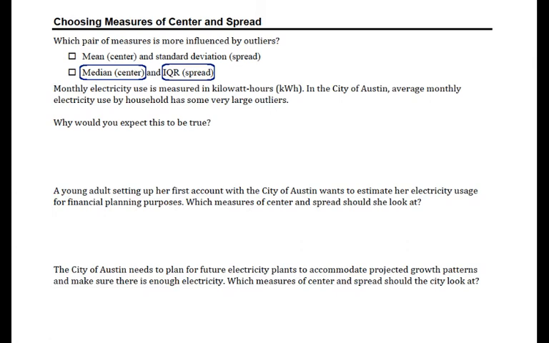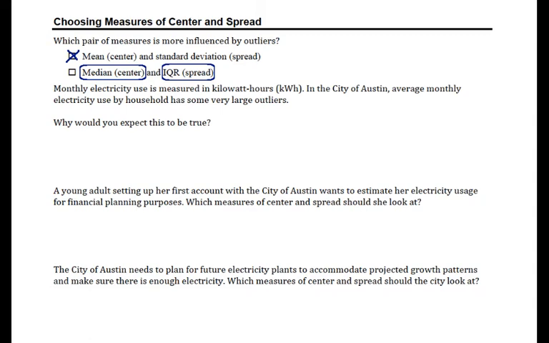So the standard deviation is affected by outliers. So the one that is more influenced by outliers would be this first pair, the mean and the standard deviation. If we want our calculations to be influenced by outliers, those are the ones we choose. If we are interested in calculations that are not influenced by outliers, then we choose the second pair.